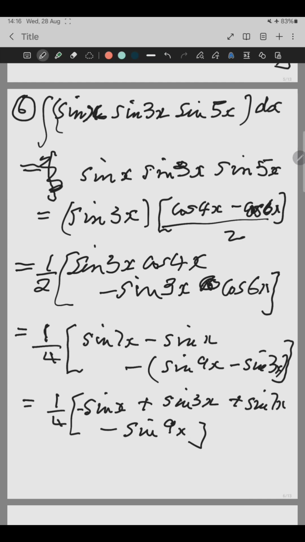Just let me quickly check that I've got that right. Minus sin x plus sin 3x plus sin 7x minus sin 9x.